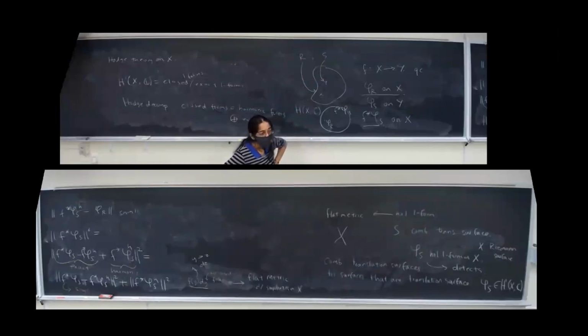For all the triangulated surfaces, how does knowing this information about these surfaces give you information about all the triangulated surfaces? Yeah, so that's a part that I didn't explain. I can explain that now. The question is, how do I extend a result about combinatorial translation surfaces to arbitrary triangulated surfaces? So now, if I have an arbitrary triangulated surface, as you said before, it gives me not a holomorphic one form, but a holomorphic 6-differential.